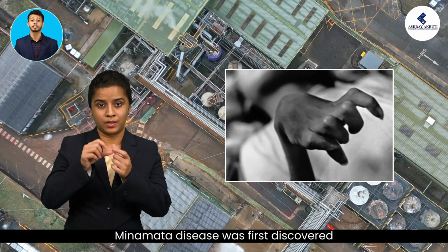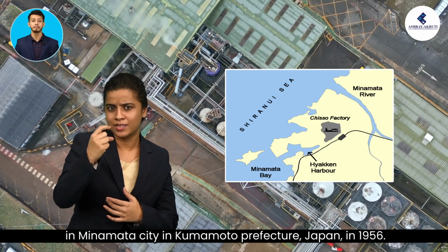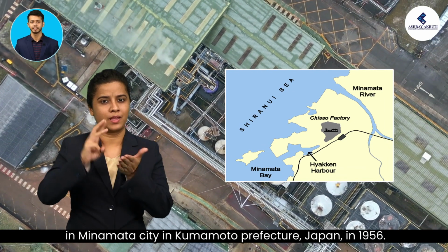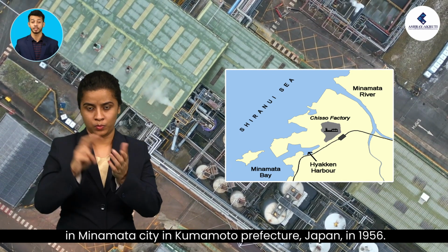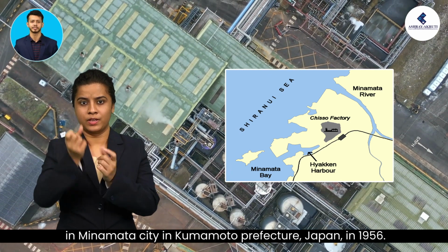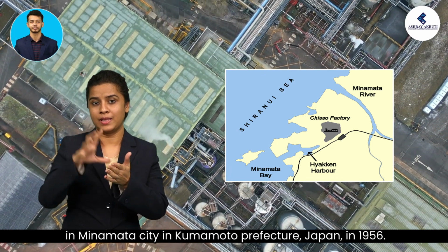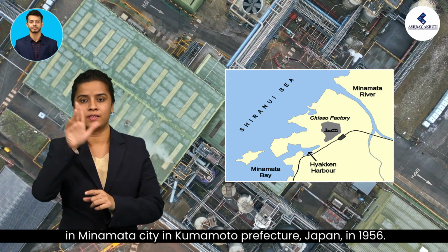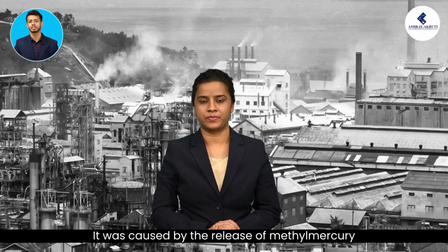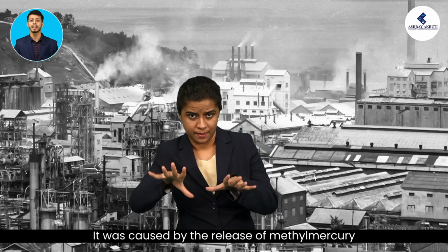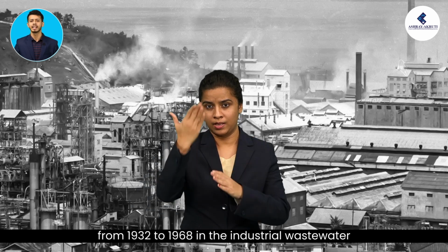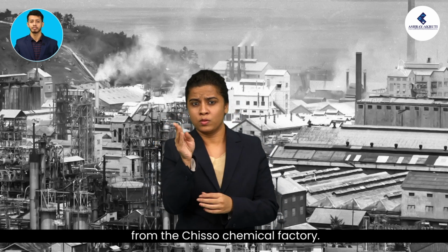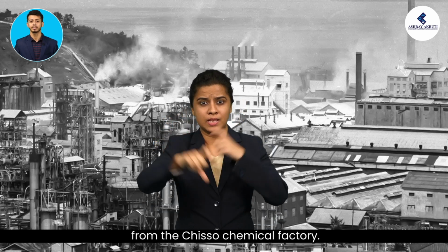Minamata disease was first discovered in Minamata city in Kumamoto Prefecture, Japan in 1956. It was caused by the release of methyl mercury from 1932 to 1968 in the industrial wastewater from the Chisso chemical factory.